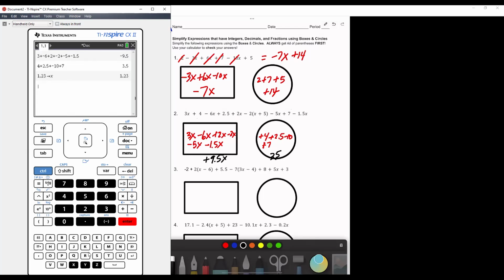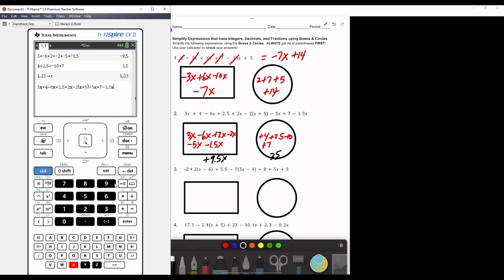All right, so it's going to be 3x plus 4 minus 6x plus 2.5 plus 2x minus 2 parentheses x plus 5, and then minus 5x, and then plus 7, and then minus 1.5x.